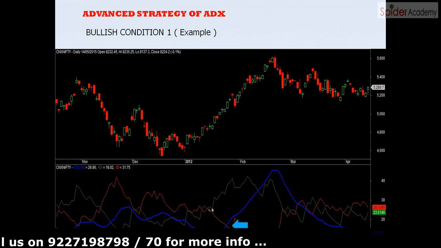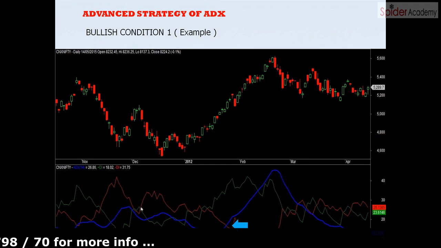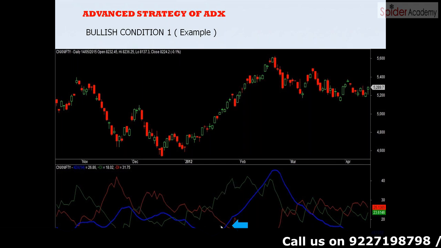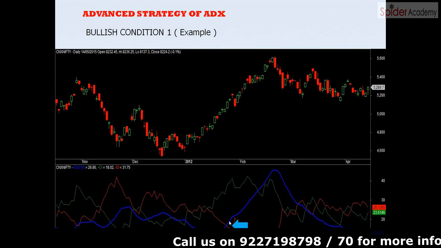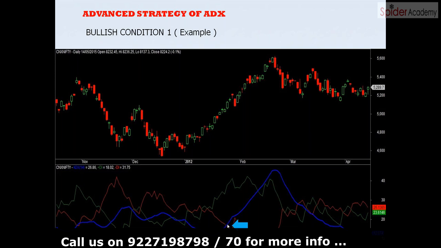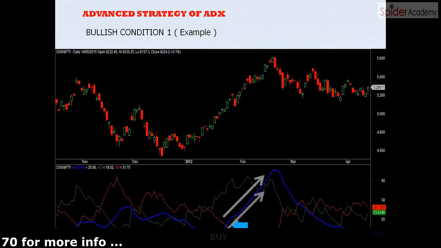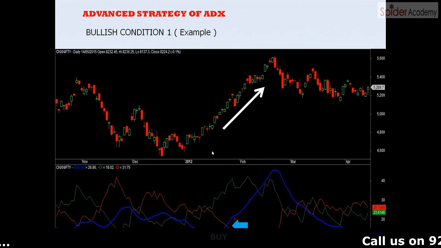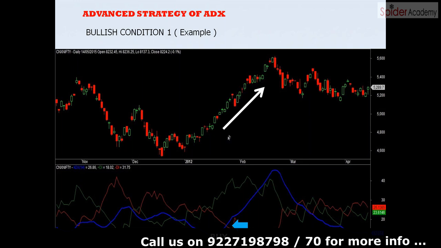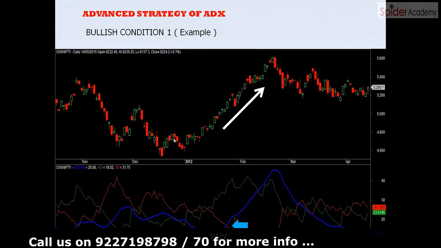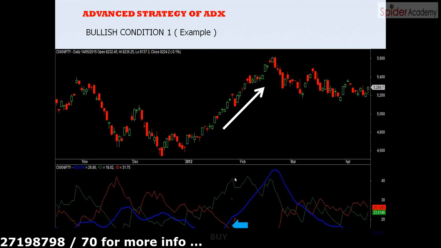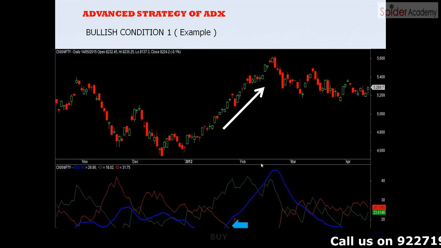To avoid that, we will not buy here, we will not buy here, we will buy when the green line is above and there is a clear indicator, ADX crossing red. It is bullish condition 1. What happens? Buy, and you can see such a big move, a straight line on Nifty. There are many sideways markets over here, but we get a straight line. We enter here and we exit here.